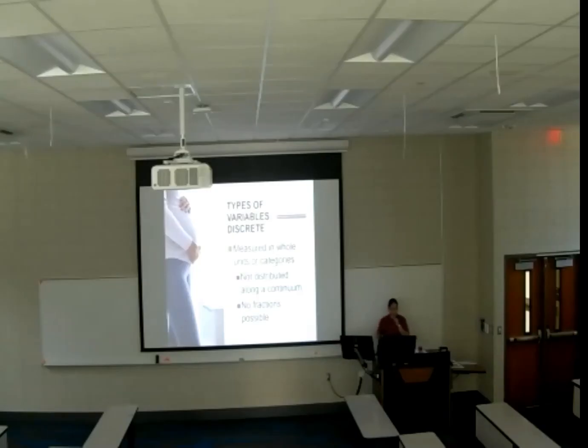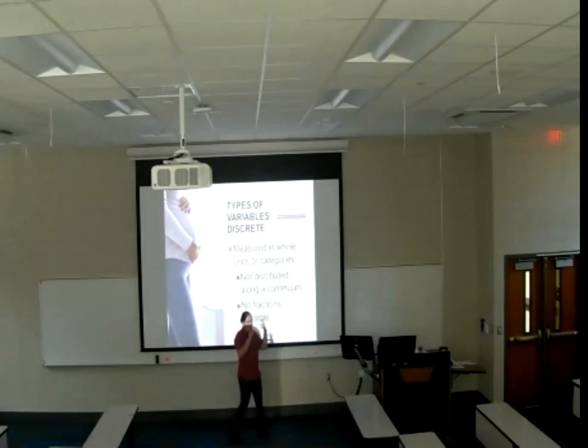So let's think about this female here who appears to be pregnant. That would be a form of a discrete measurement because you're either pregnant or not. You can't be half pregnant. So fractions in a discrete variable are not possible. I want you to think about discrete variables as a go or no go. Either she's pregnant or not.